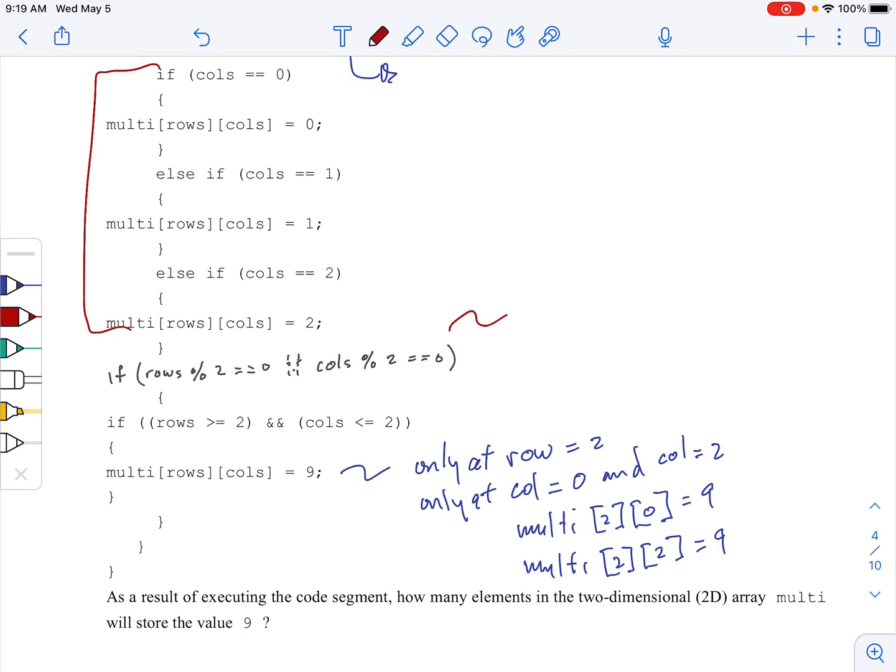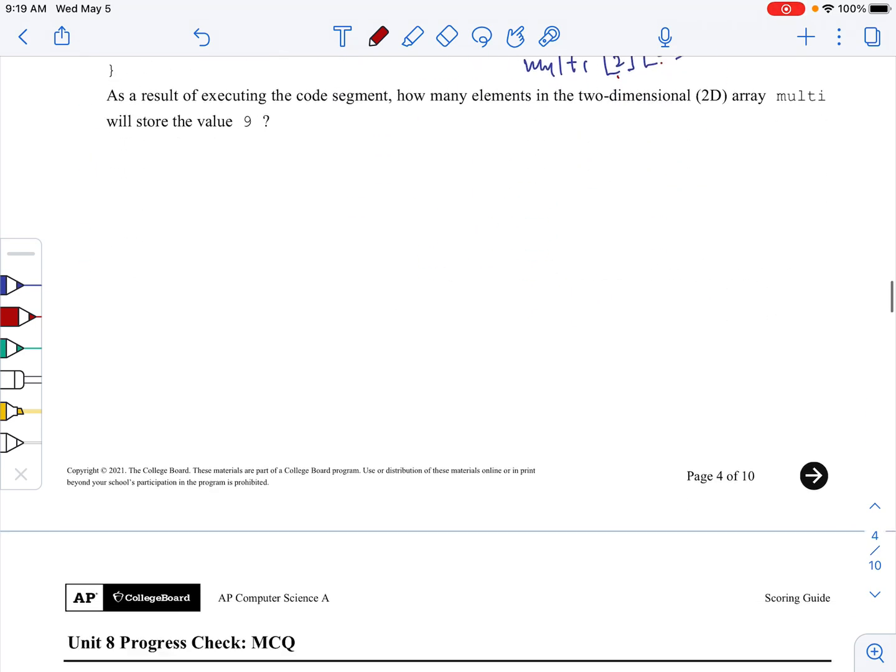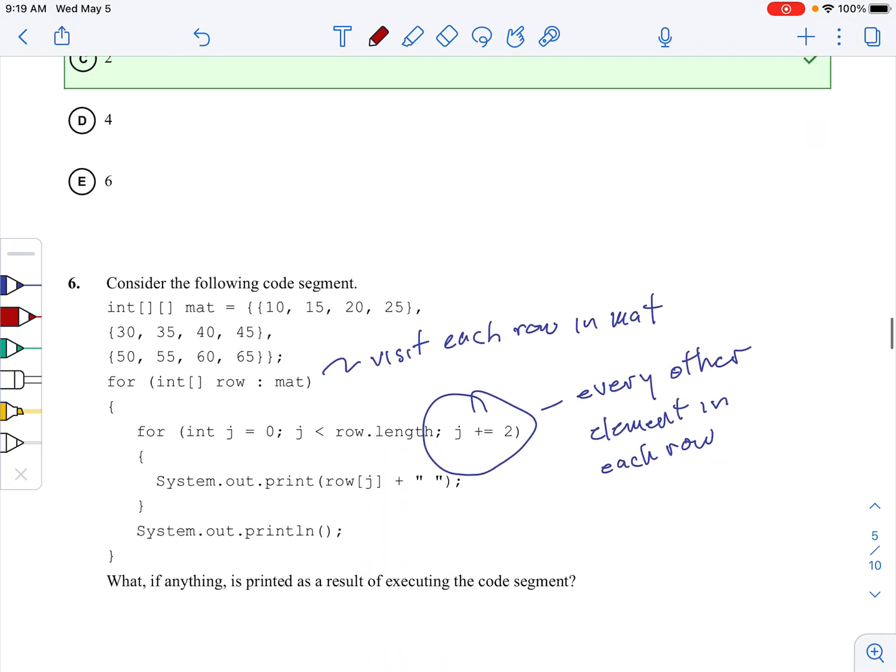That would happen only twice, because the only row that's greater than or equal to 2 that's even is 2 right here. And the cols that are considered even are 0 and 2. So those are the two spots where that would get assigned 9, at 2, 0 and 2, 2. So the answer is C.